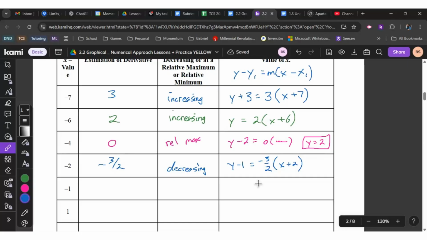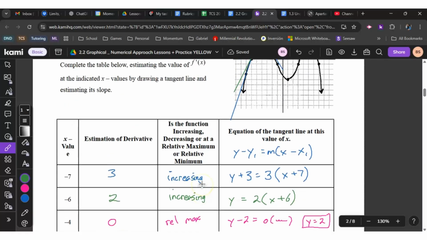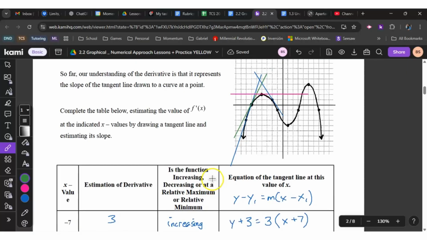You're spending too much time thinking about what it is close to. You'll see the more important parts of this as we keep going. It's not about the exact value when I'm estimating. The point of an estimation is: am I in the right ballpark? Because if you're not, you can go, ooh, I should change something here.